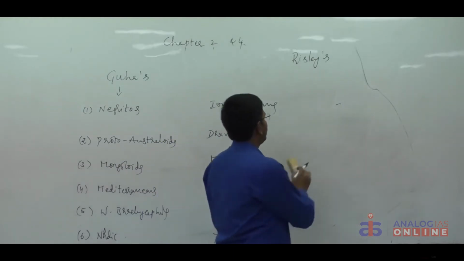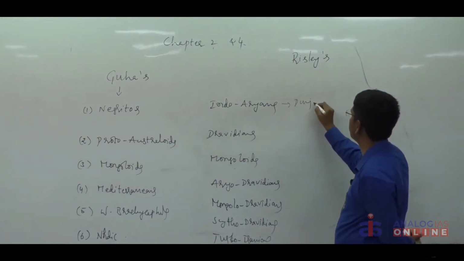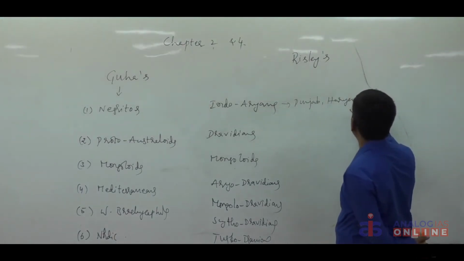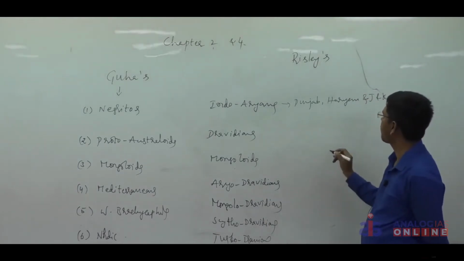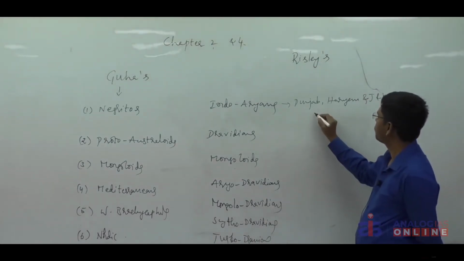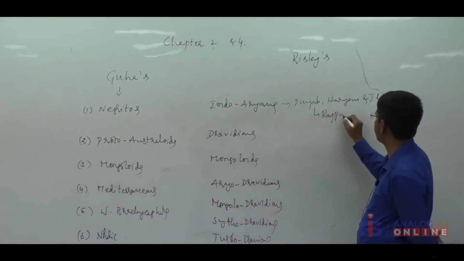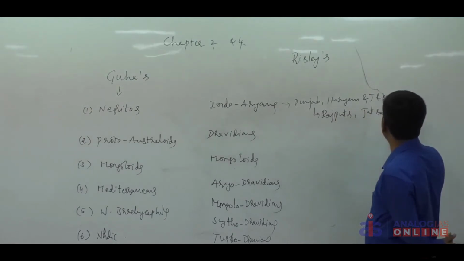See, Indo-Aryans, we can come across Indo-Aryans in the Punjab, Haryana and Jammu and Kashmir region. Especially Rajputs, Jats and Khatris.